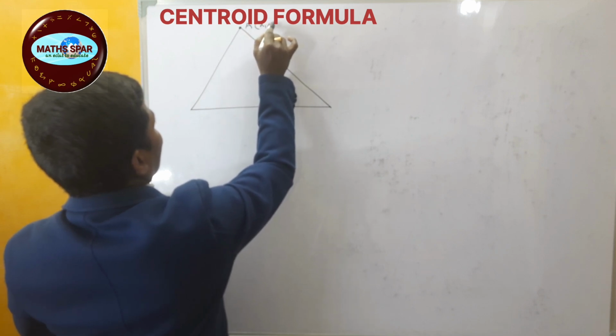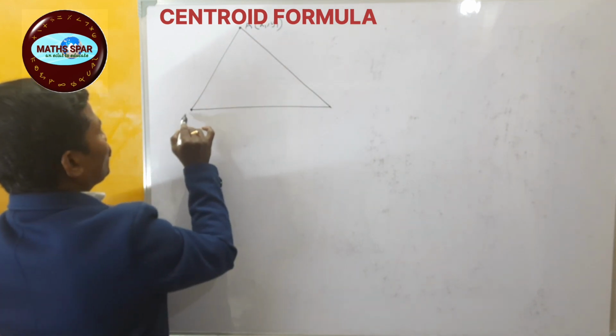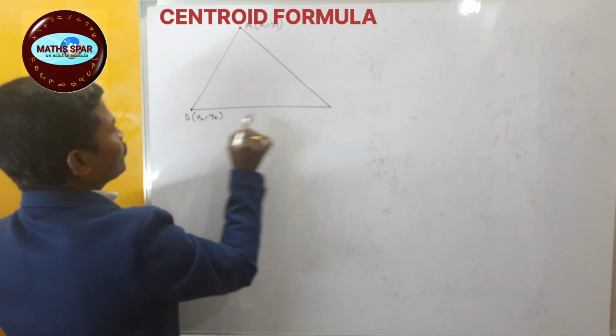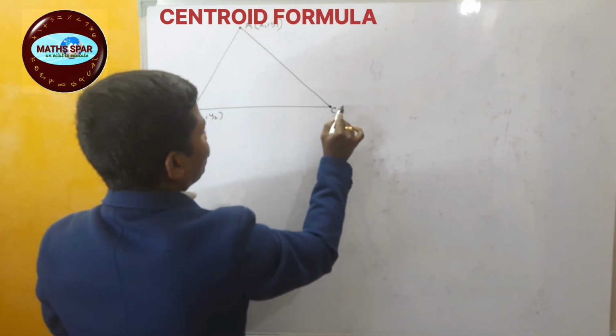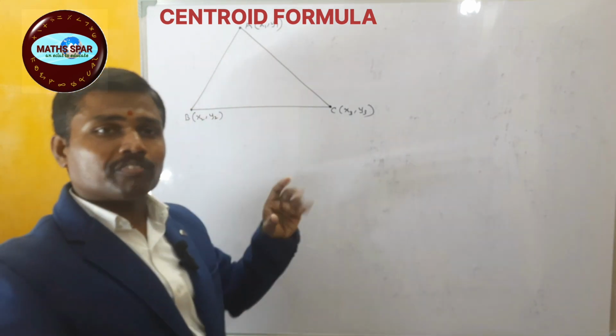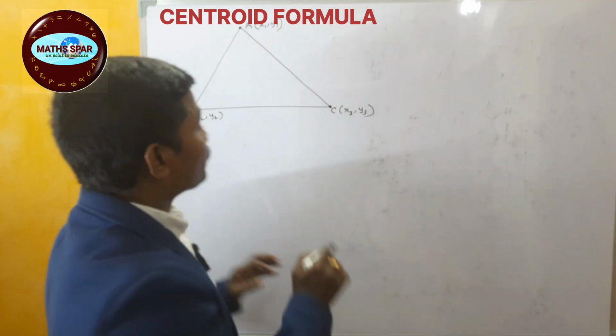A of x1, y1, B of x2, y2, C of x3, y3 are the vertices of this particular triangle.